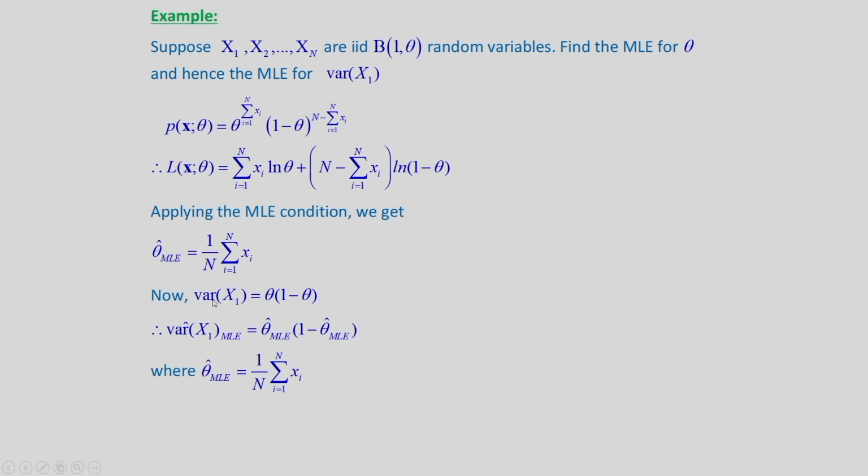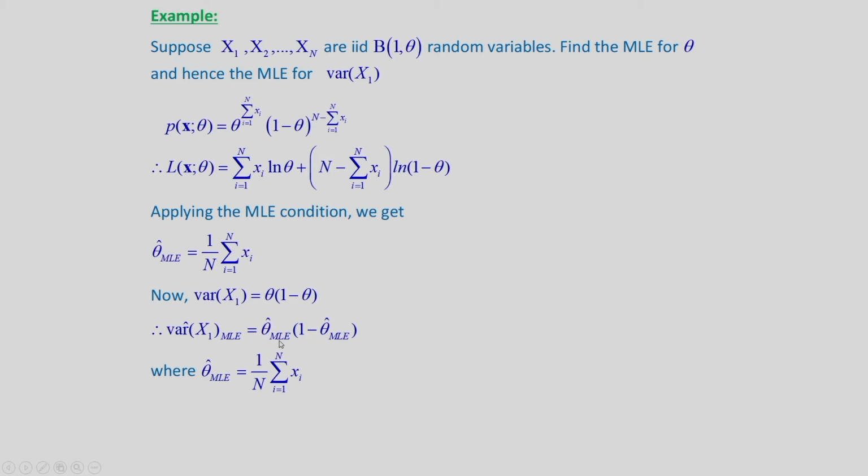Now, variance of x1 is equal to theta into 1 minus theta, which is a function of theta. You can consider any variable x1, x2 or any x_i because they are IID. Therefore, we can find out the MLE for variance of x1, that is variance hat of x1 MLE, that is equal to, we will substitute theta hat MLE.